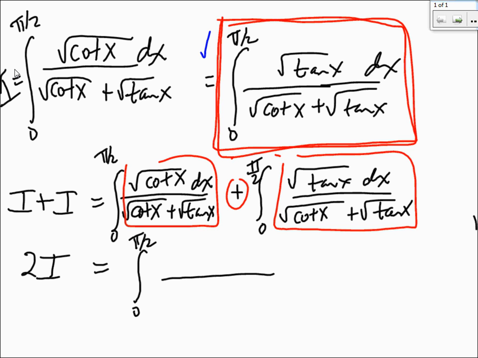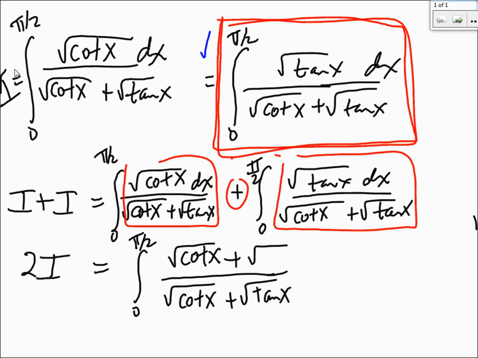Both denominators are the square root of cotangent x plus the square root of tangent x. That worked out nicely. So I can just add the numerators, which is the numerator of the left integral, the square root of cotangent x, plus the numerator of the right side integral, which is the square root of tangent x, dx.